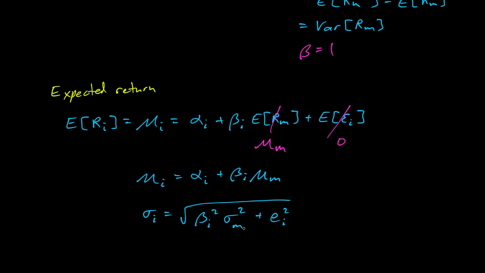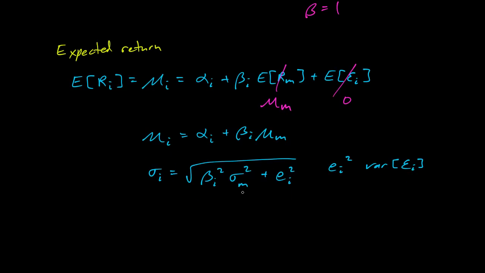And so sigma m is the standard deviation of returns of the market, and e i squared is the variance of epsilon i. All right, so here are formulas for the expected return and the deviation of our expected return.